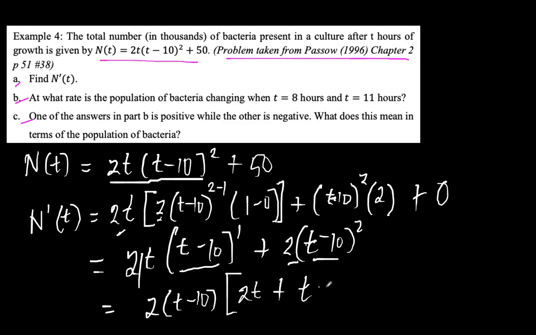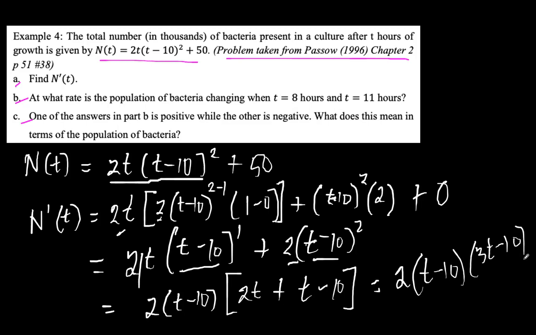We have t minus 10, correct? I hope I'm not mistaken. All right, so let's simplify this. We have 2(t minus 10) times, let's simplify, 3t minus 10.